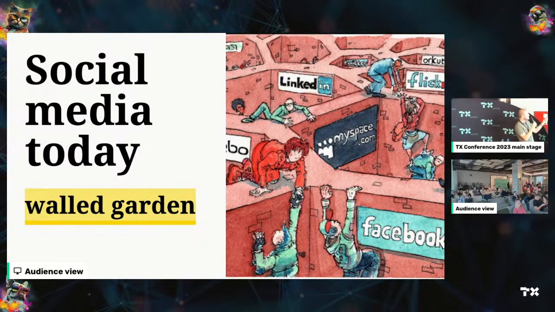We have Twitter, for example. It's owned by the world's richest man. Now it's still running, but there are recent controversies surrounding it, so we cannot say it's at its peak of popularity. LinkedIn is still running, owned by Microsoft. And Facebook, still running, owned by Meta. So we said these are walled gardens.